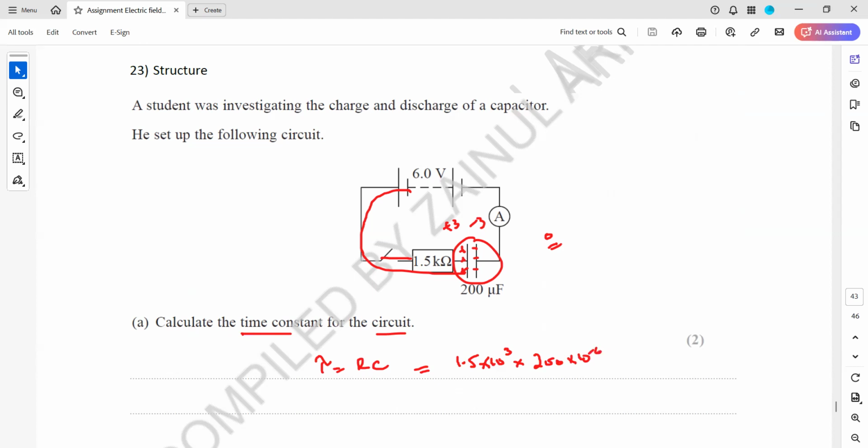When we multiply them, we get the value of the time constant, which is 0.3 seconds.